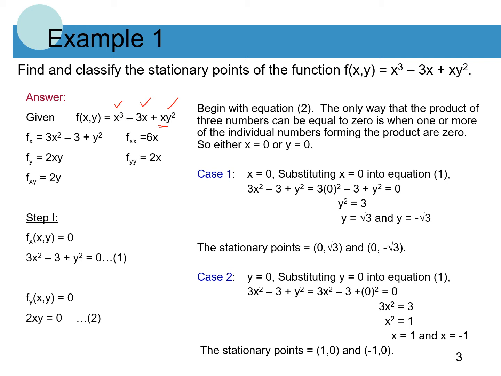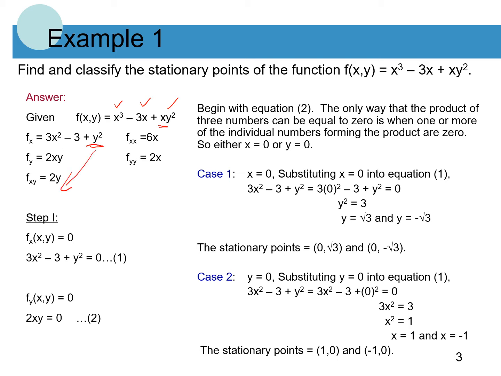In addition, the second derivative fyy is equal to 2x, because in fy we only have 2xy, so the derivative of fy with respect to y is 2x. The last one we have to calculate is the mixed derivative of f with respect to x and y. We look at the first derivative fx and derive it with respect to y, so we only have 2y.